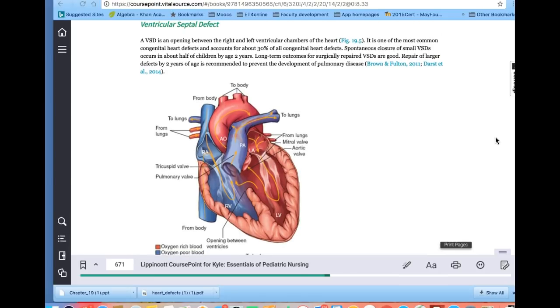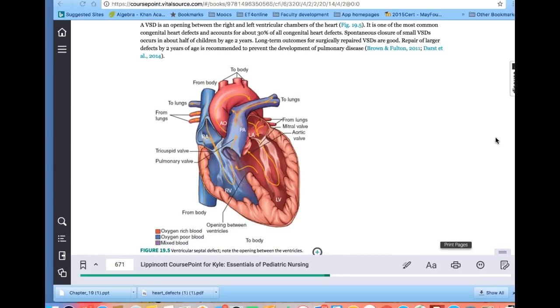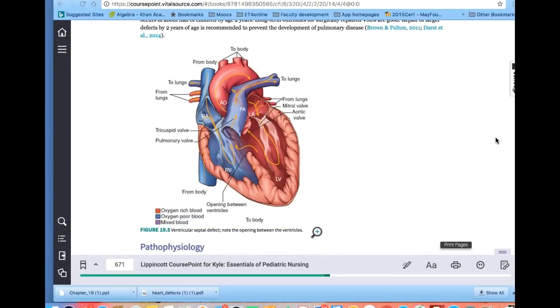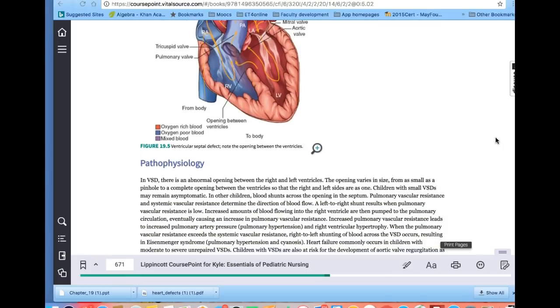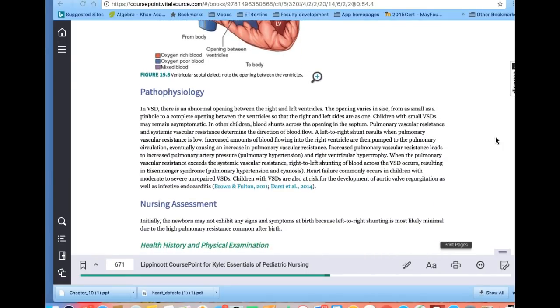Now, when I say surgery to close the septal defects, a lot of times they can do this with a cardiac cath, and they go in and they kind of put a patch on that open area between the atria or between the septum, between the ventricles. So that is a new advancement that they can do it with a cardiac cath. All right, here's the pathophysiology behind that.